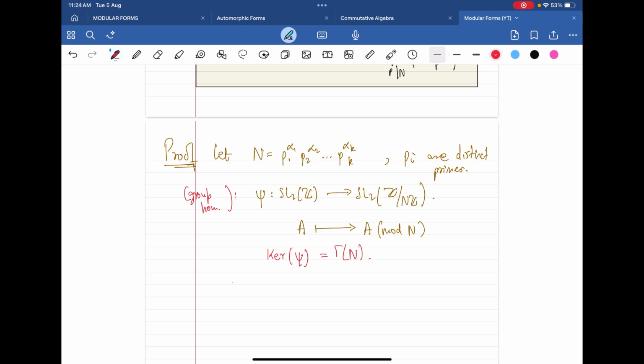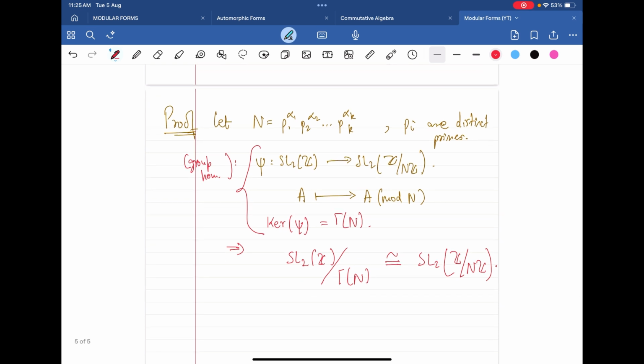So that implies combinedly that SL2Z mod gamma n is isomorphic to SL2 of Z mod NZ, just because the kernel is gamma n.